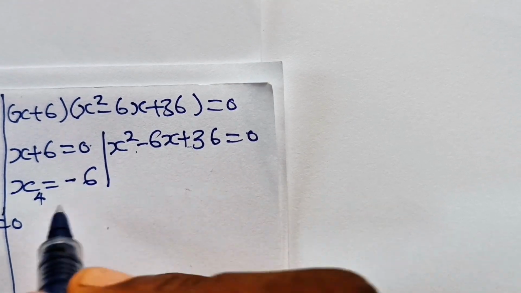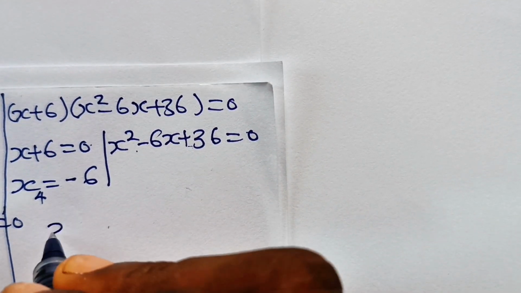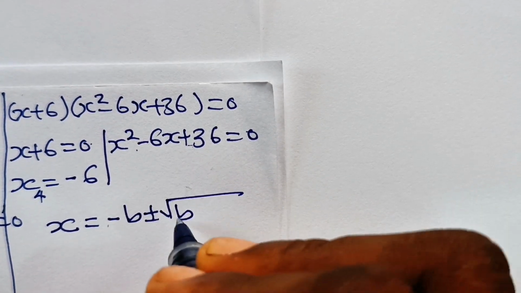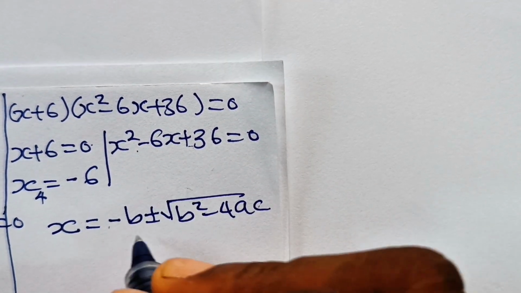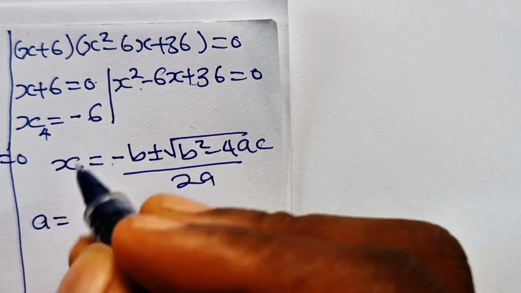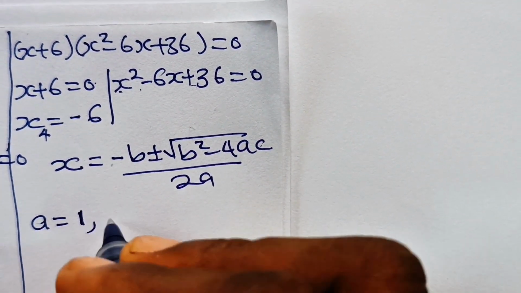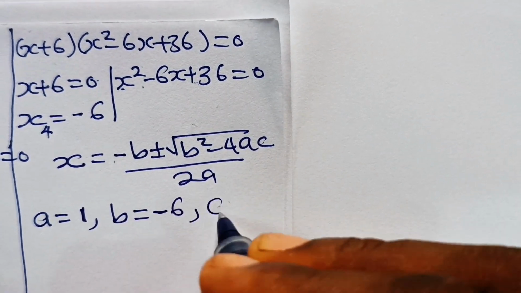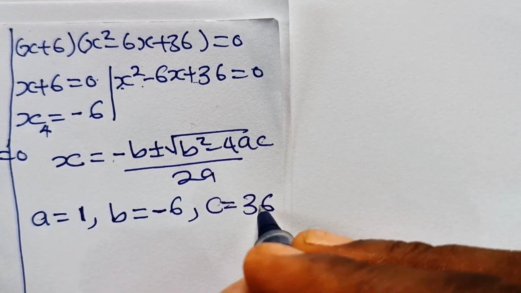Now from here we also apply the quadratic equation formula that x is equal to minus b plus or minus square root of b squared minus 4ac, everything divided by 2a. So in this case, a is the coefficient of x squared, which is 1, b is the coefficient of x, which is minus 6. c is our constant, which is 36.